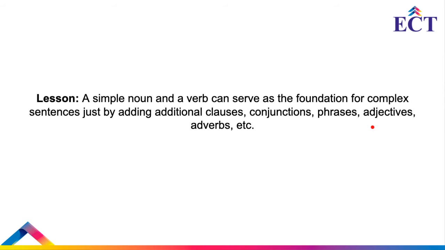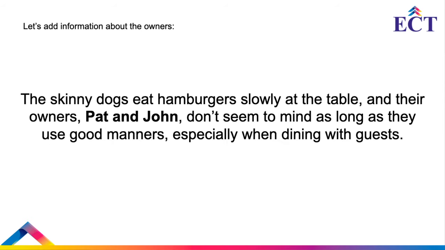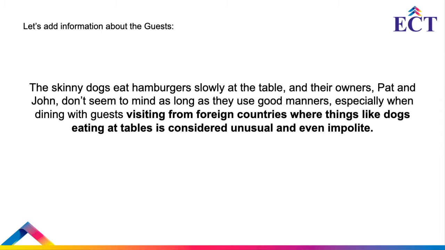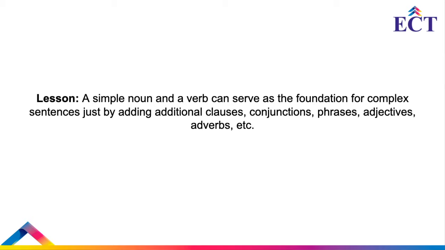So the lesson from this exercise that we just did is that the basic elements of any sentence are subject and verb. What we do is we add more adjectives, adverbs, prepositions, and conjunctions to either add more details or mix two sentences to make a complex sentence. But remember, your objective should always be to form short and simple sentences, right?